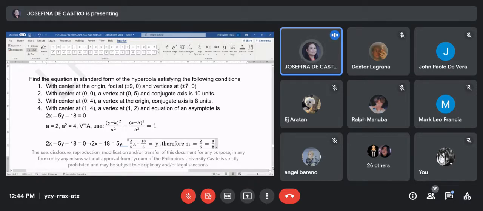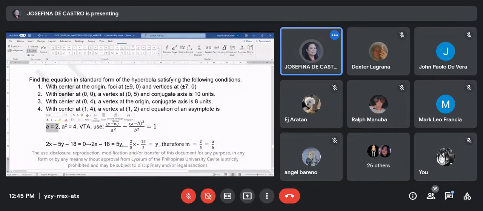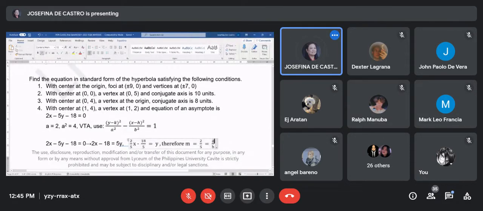Mamamali ako ng A squared ko. So, since ang A ko ay equal to 2, ayun, nakalagay dito, A is equal to 2. Ayan po. 2 si A. Okay? Solve mo ngayon ang B.